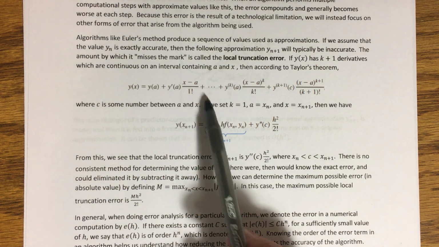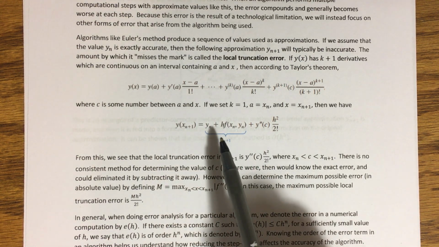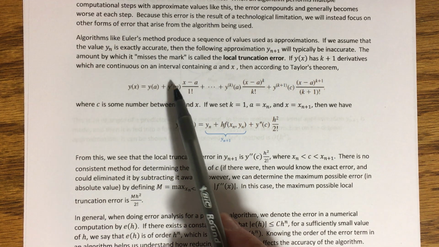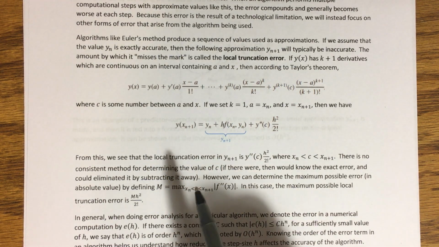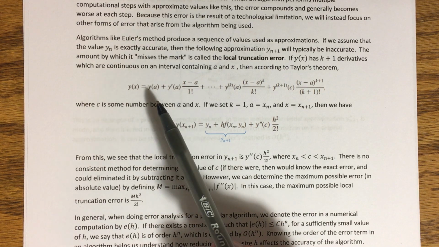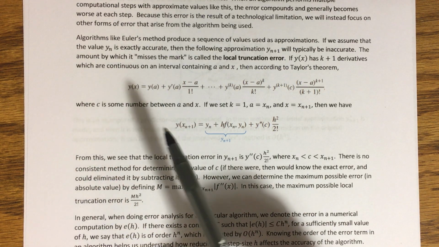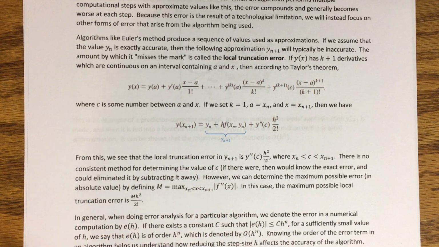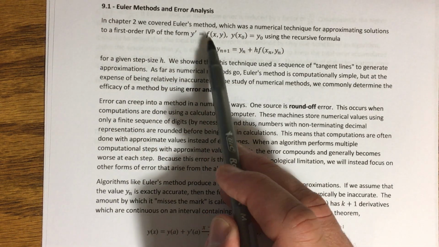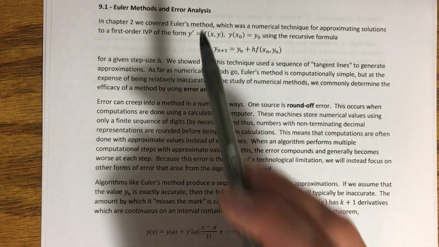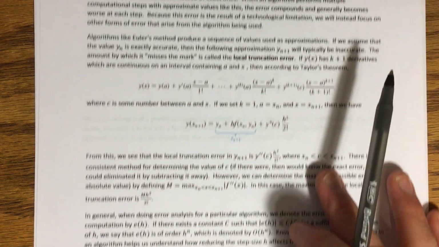1 factorial is 1, so we can just get rid of that. And then y prime of a, well, remember, y prime is related to x and y by the differential equation that we start with. y prime is equal to this function of x and y, so we can call that f of x, y.